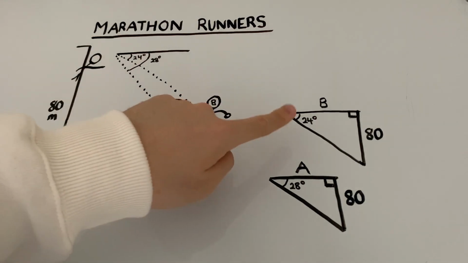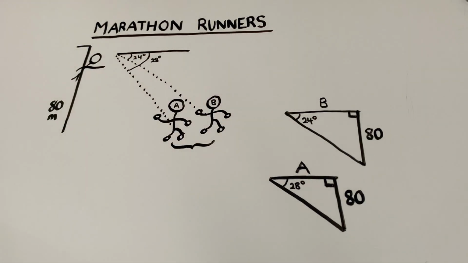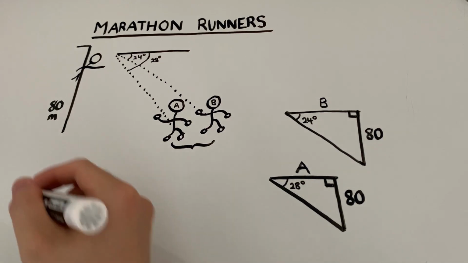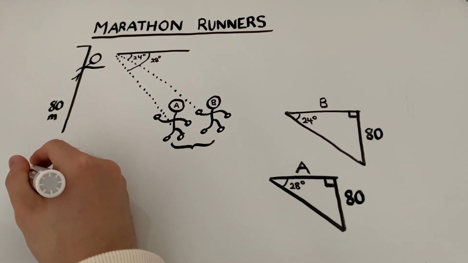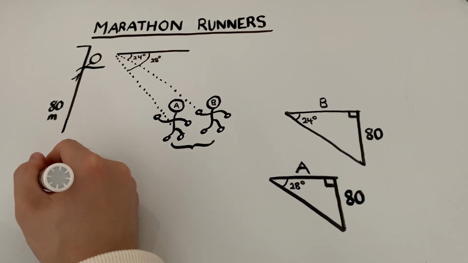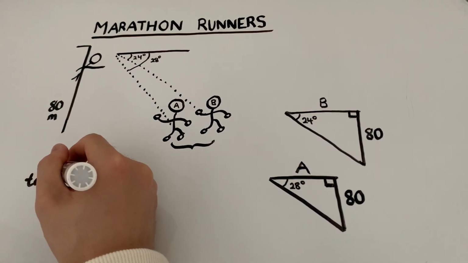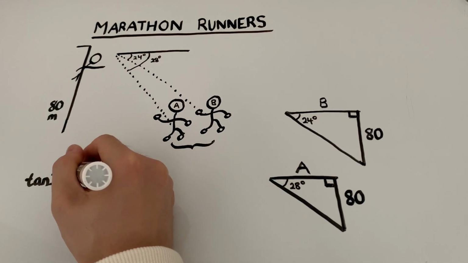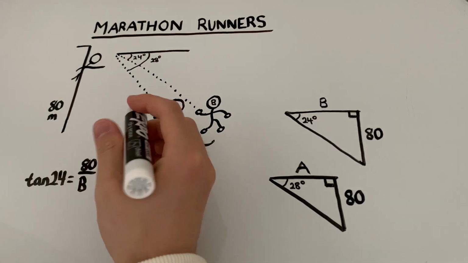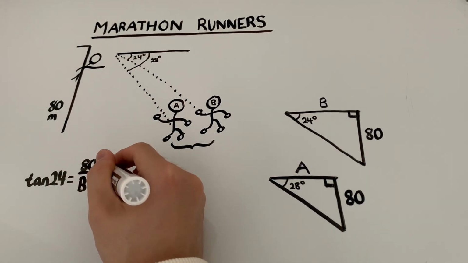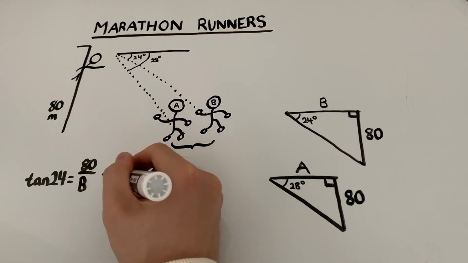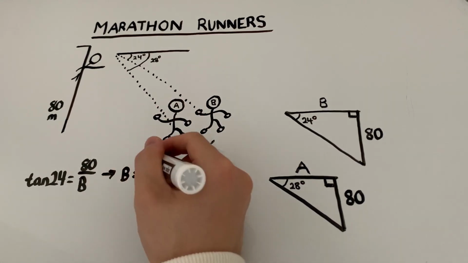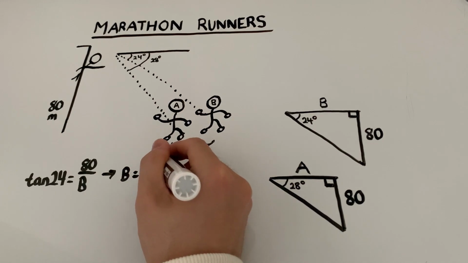So let's start with this triangle first. Since tan 24 is equal to 80 over B, then this means that B is equal to 80 over tan 24.